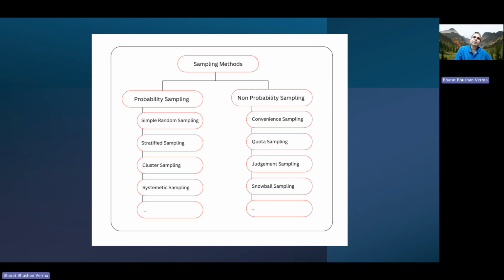Let us say a student is given an assignment to collect some data. Now, a student does not have the wherewithal to collect a random sample from the entire city. So the student will approach his friends for responses.